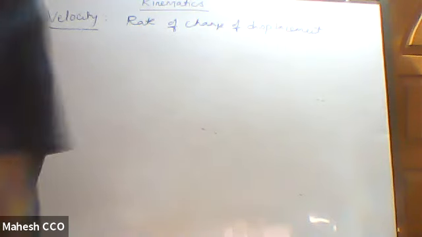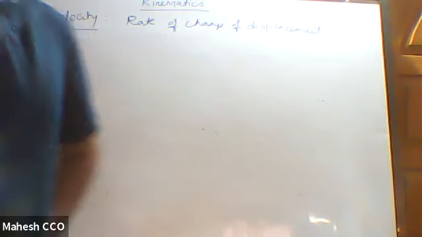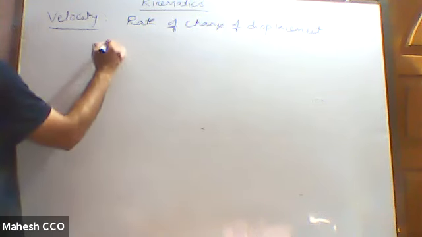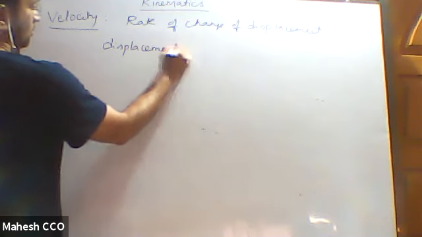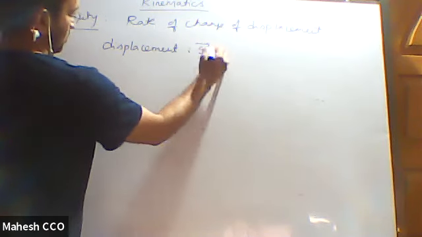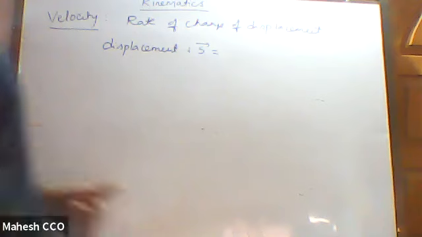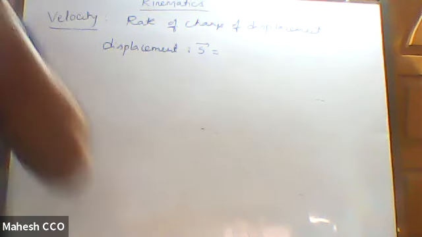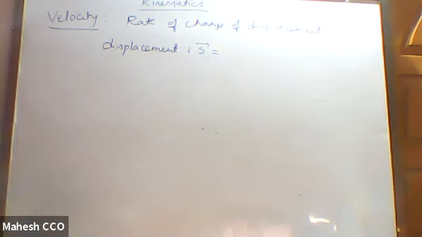Now, displacement is typically denoted by S bar. If you want the displacement between two instants of time t1 and t2, then it may be r2 bar minus r1 bar, where r2 bar is the position at t2 and r1 bar is the position at t1.